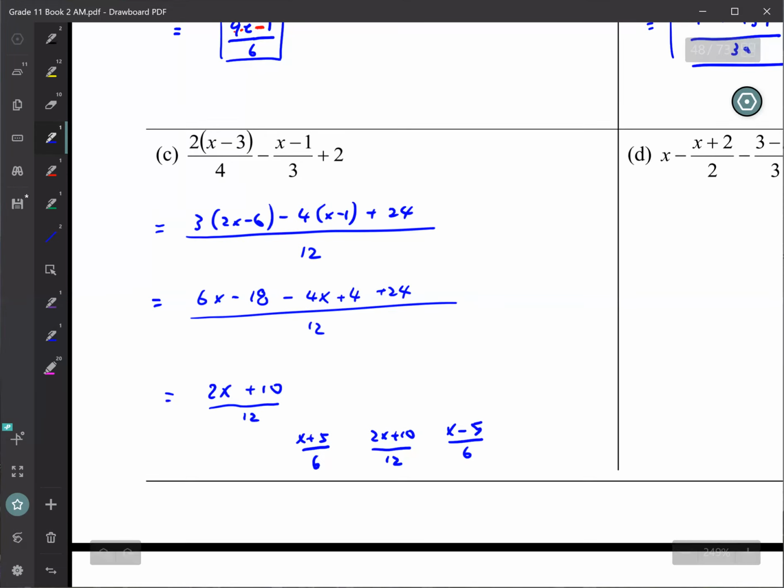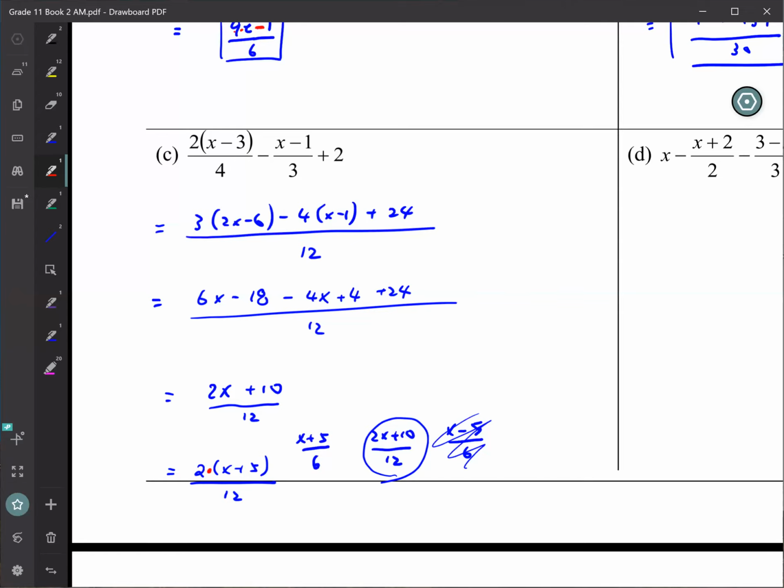So looks like we got this one, right? So we know the top has to be adding, so this one for sure won't be the answer, right? But then you can see that the numerator, we can factor. Whenever possible to factor, always factor it. We're going to take out the GCF. So now you can see that there's a multiplying, 2 multiplied by x plus 5, so there are 2 parts.